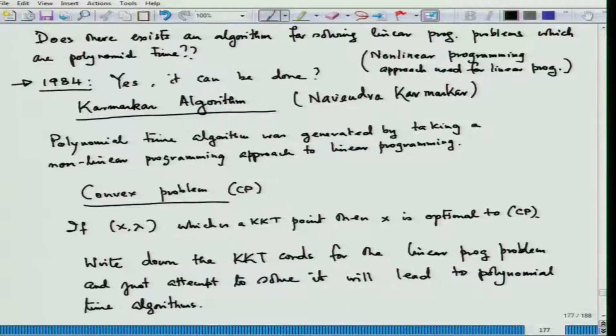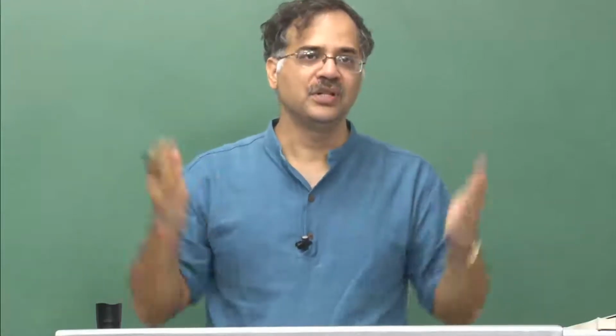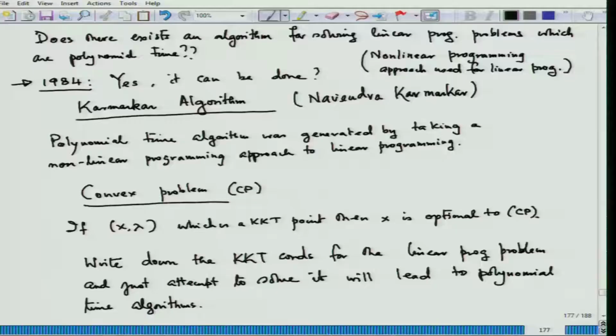And the interesting fact is that once you write down the linear programming problem's KKT conditions and try to solve those KKT conditions, you get an interior point method which is polynomial time, and that is the strength and the beauty of this approach, because this approach can be understood by most people, because it is simply equation solving.